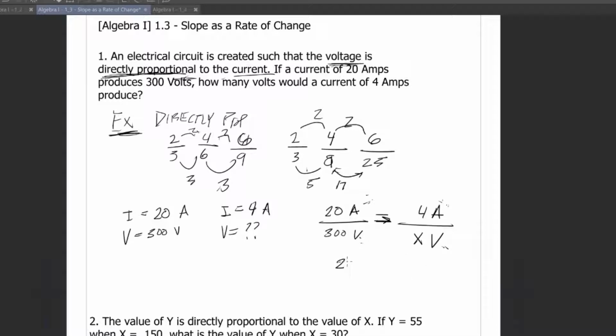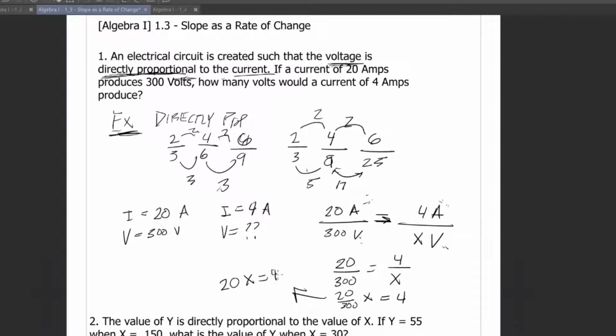So we have 20 over 300 is equal to 4 over X. And then you can multiply X over here, which would give you 20 over 300 X is equal to 4. You can multiply by 300 and divide by 20. So we'll do this one step at a time. Sorry, writing backwards here.